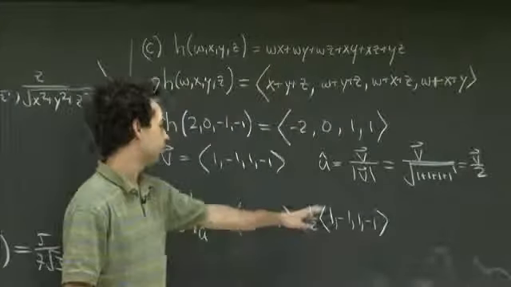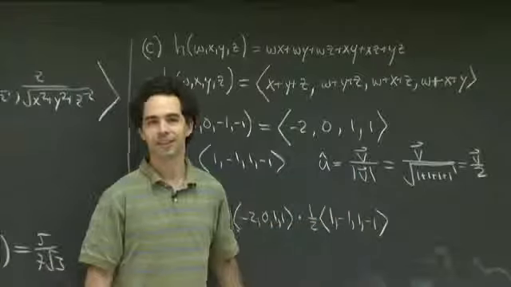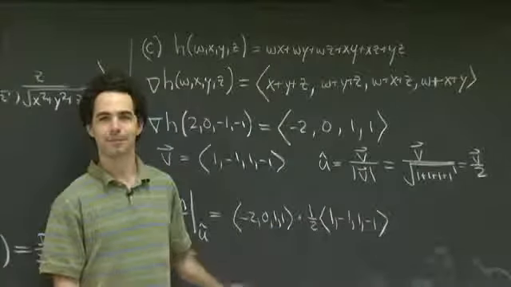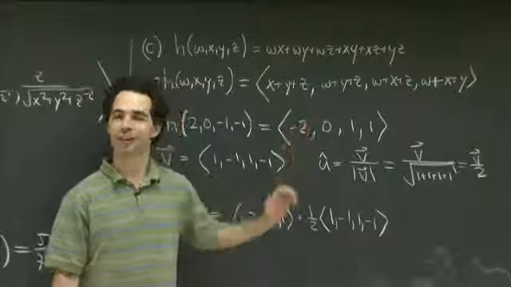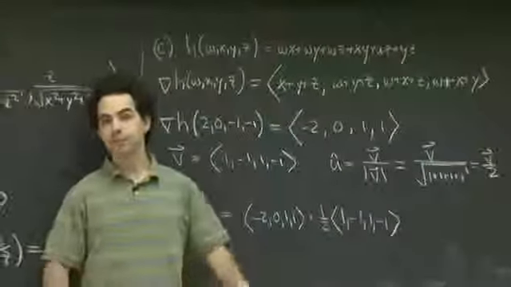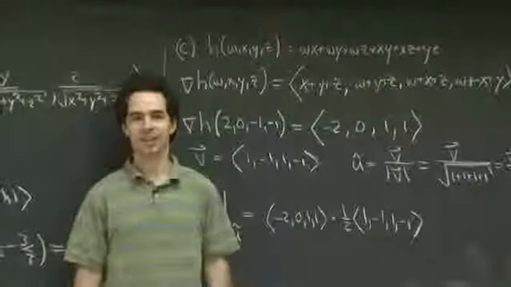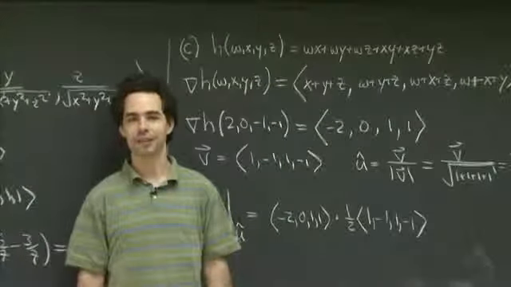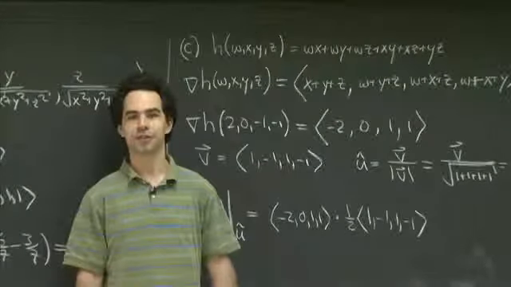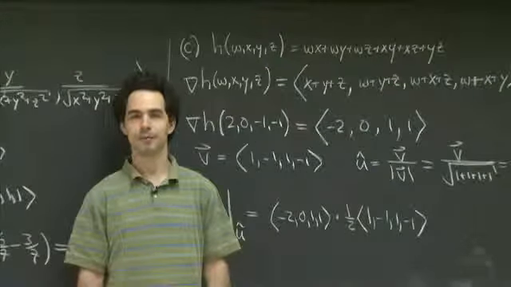You could expand this out yourself. I won't write down the final answer, but it's just a dot product. All right, so hopefully this has gotten you totally comfortable with computing gradients and with computing directional derivatives from gradients. So I'll end there.